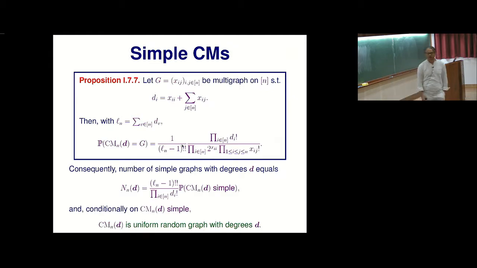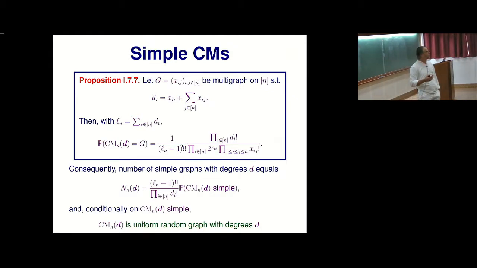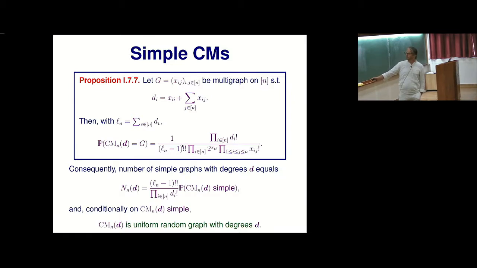Okay? But this gives you a probabilistic answer to a deterministic question, namely how many are there? And it turns out, we'll see that later, that in many cases you can actually compute what this is asymptotically. Now this is a factor that you can actually compute for any choice, but this actually gives you an approximation formula for how many graphs you have with a given degree distribution.